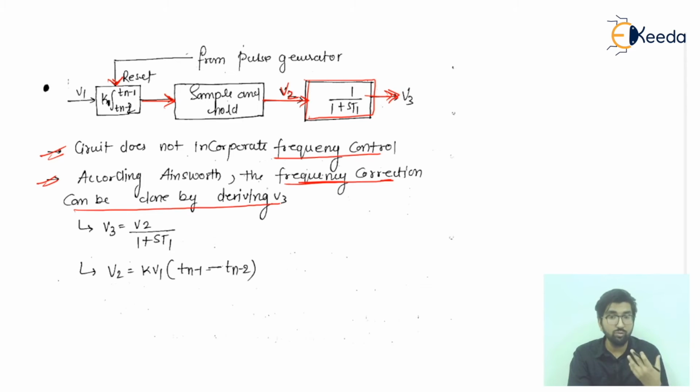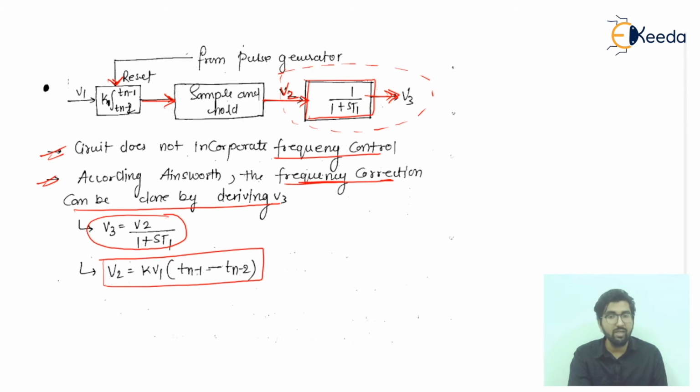If we want to do the frequency control, then we have to derive V3, and the relation is V3 is equal to V2 upon 1 plus ST1. And V2 is found from that relation, which is equal to K V1 times (Tn minus 1 minus Tn minus 1). This is the PFC, and this is the basic procedure for the PFC.